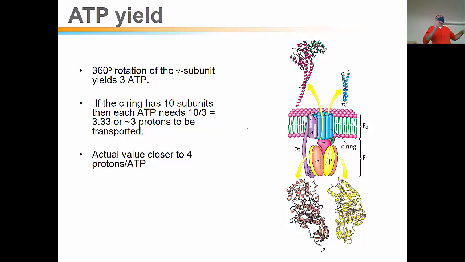Some may go through another system. And so it really turns out that it's about every 4 protons moved into the intermembrane space, you get 1 ATP, approximately, if you actually calculate it out. Experimentally, not. If you calculate it physically, you get 3.33333. But if you experimentally determine it, it's more like 4.